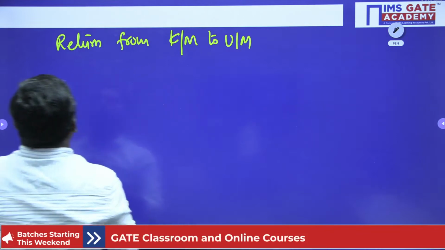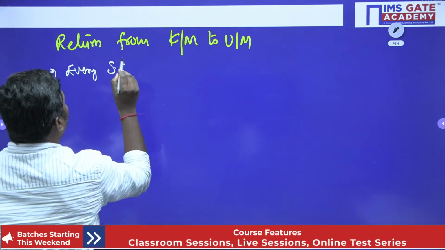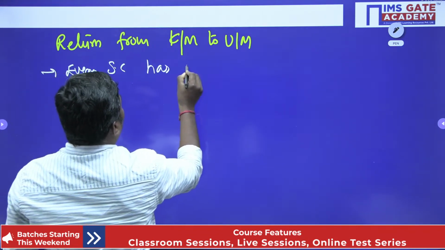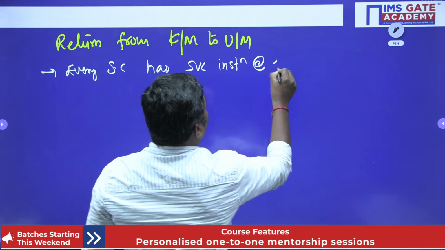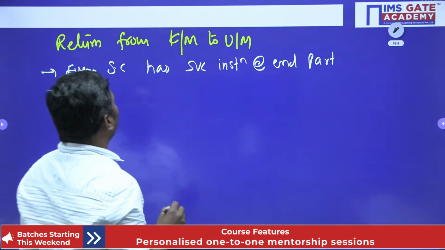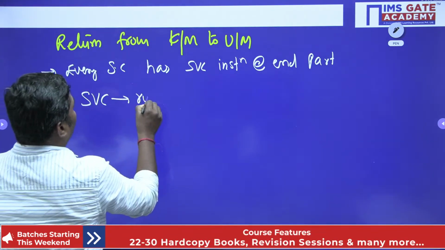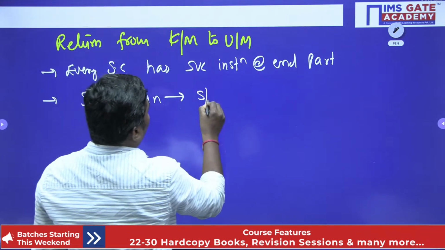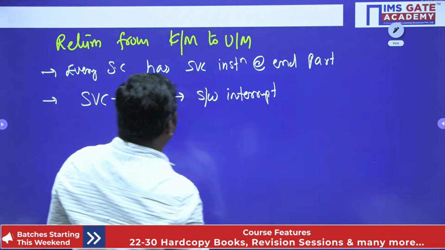I said every system call has an SVC instruction at the end of the program. Now when you run SVC, what happens? A software interrupt is generated.